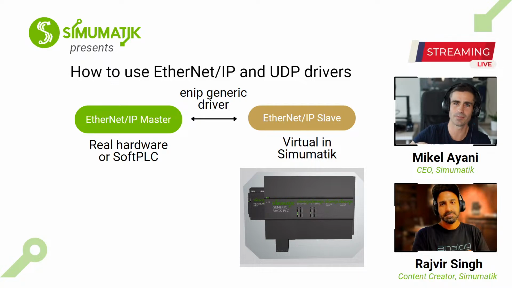When it comes to Ethernet IP, now we are talking about industrial device field buses. Industrial field buses, what does it mean? In an industrial field bus, not all of them, but usually, they work with a master-slave topology.